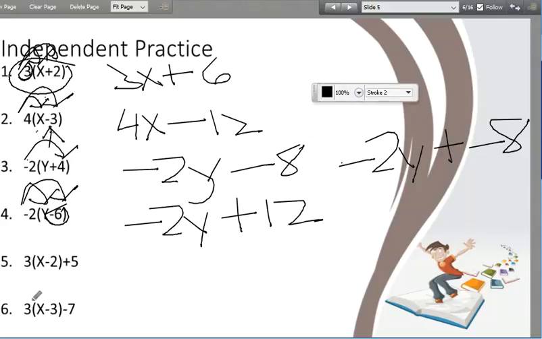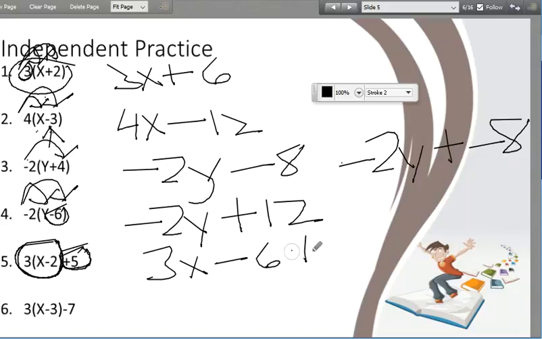Okay, on question number 5, you can see that we have a multiplication here, and then we also have an addition. And we always need to make sure that we follow our order of operations when we're simplifying. So we need to take care of this multiplication before we do this addition. Okay, so we're going to do 3 times x, which is 3x. 3 times a negative 2, which is a negative 6.